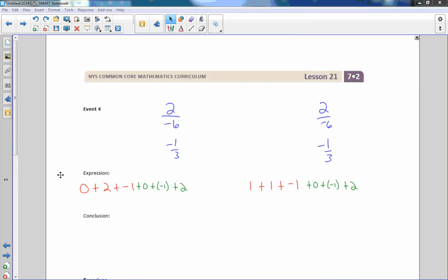Okay, so I did this off screen just to speed up things. So here's what we have. We have our original 3. We have our 3 operations here. But now we divided it by -6.